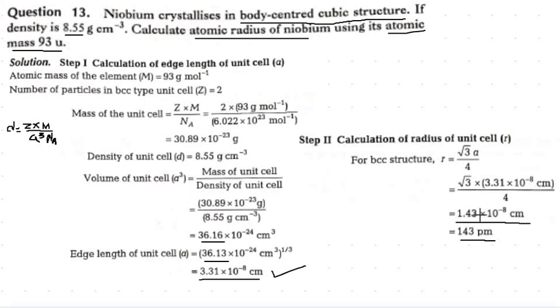If you move 2 decimals this side, this will become 143 into 10 to the power minus 10 centimeter, and 10 to the power minus 10 centimeter is equal to 1 picometer. Okay, that's the conversion formula. And both the answers are correct, so you can represent in any of the answers. Okay, so I hope this is clear.